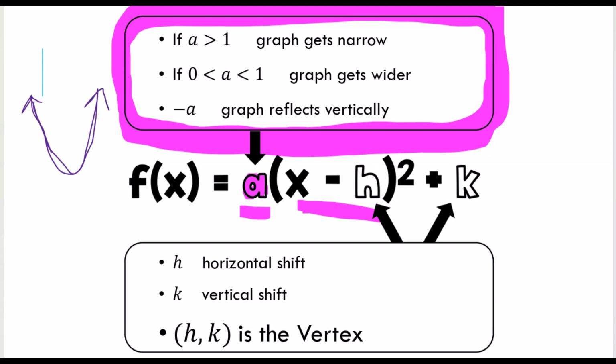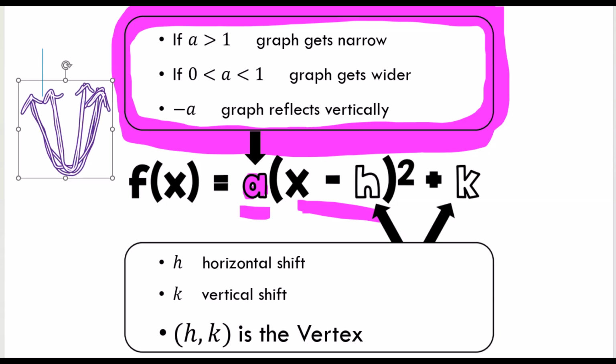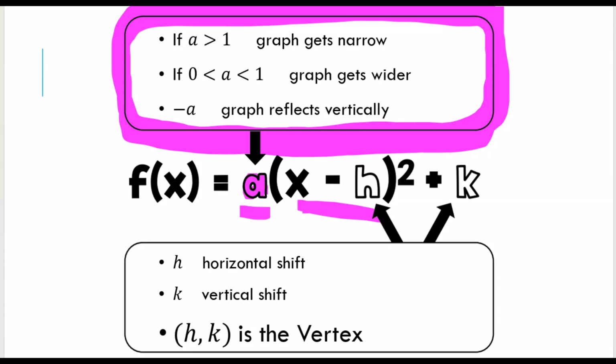So if this is the normal x squared, then say A is 2, it's going to be more narrow than that. If A is between 0 and 1, so what's something that's between 0 and 1? 0.5, 1/2, right? So if A is between 0 and 1, it makes the parabola wider.